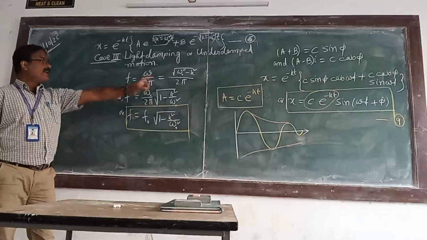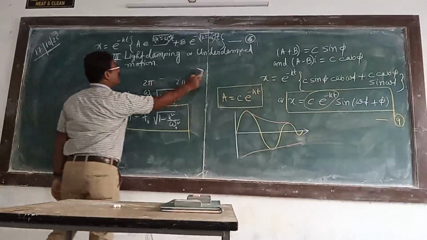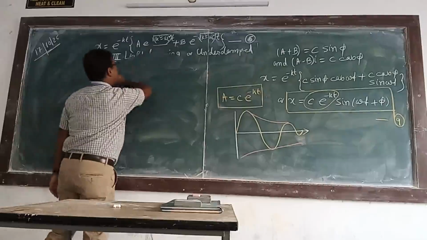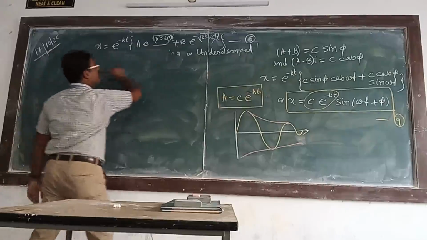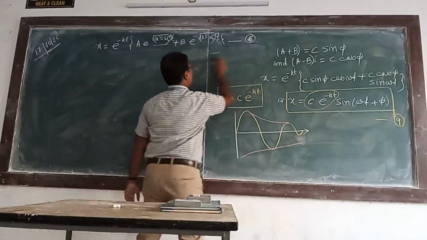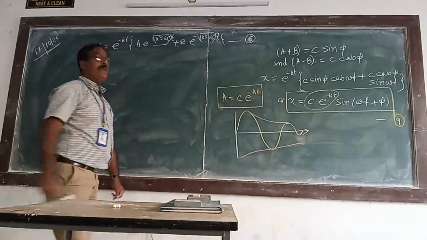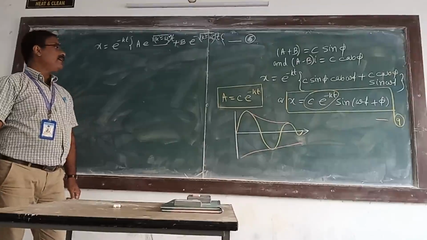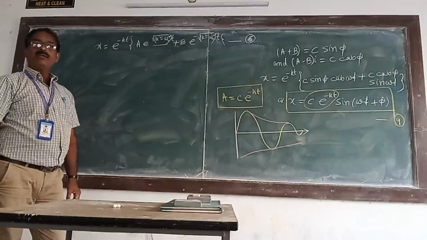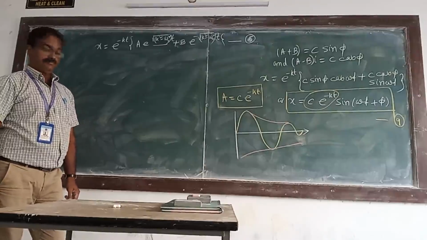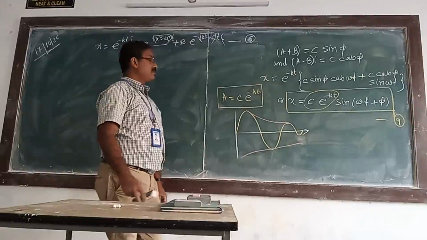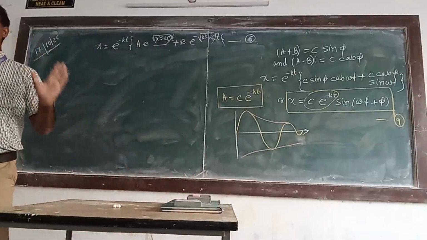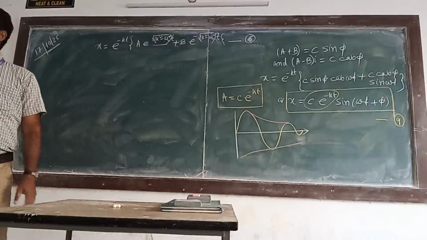E to the power minus kt is called the damping factor. So this is the damped vibration.